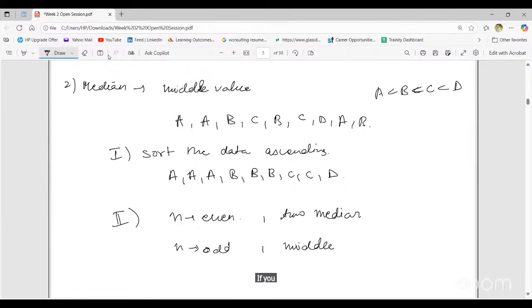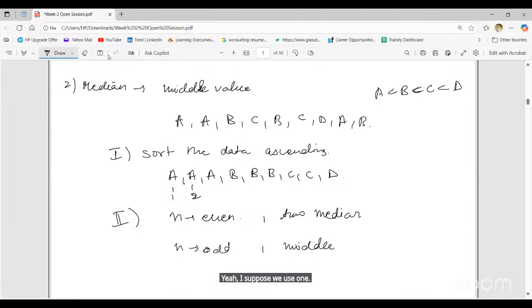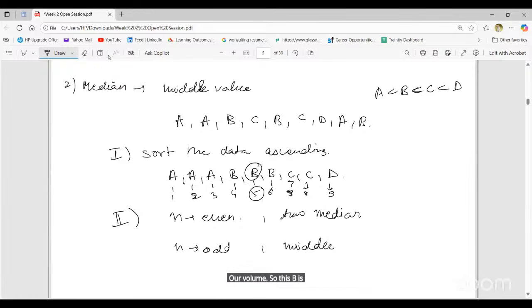This is the fifth observation. Here we see that 4 observations are below it and 4 observations are above it. So this B is basically my median.